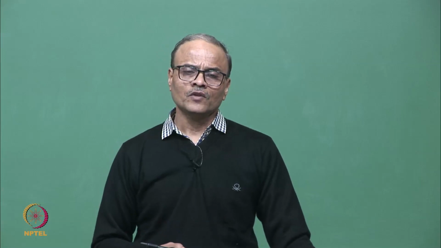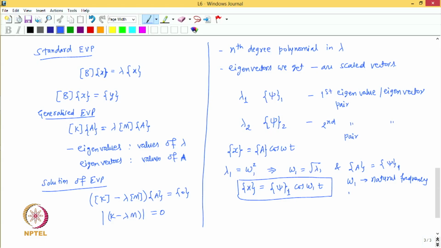It does not represent the absolute motion, and therefore this psi 1, the eigenvector, is also called the mode shape, okay. And these two quantities together describe the free vibration motion of the system. It represents a particular mode of vibration, and we can call this the first mode of vibration.